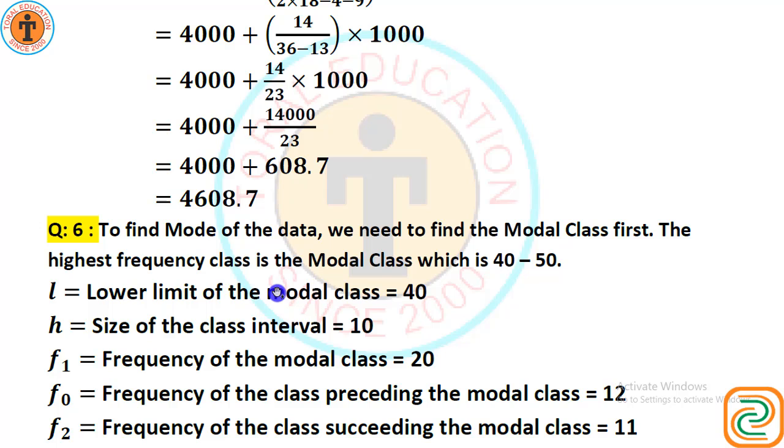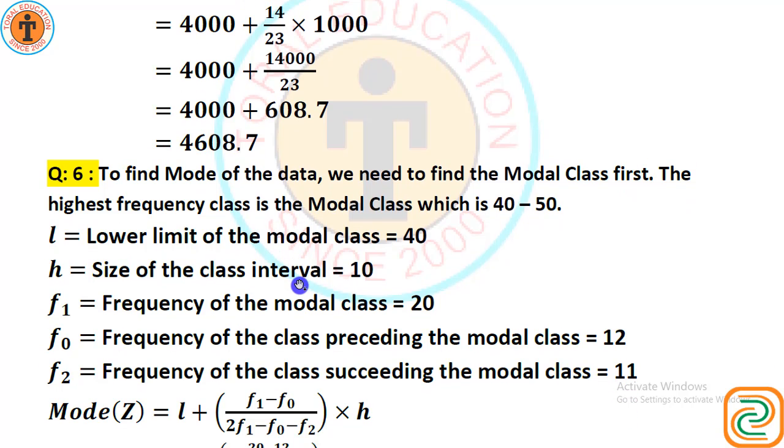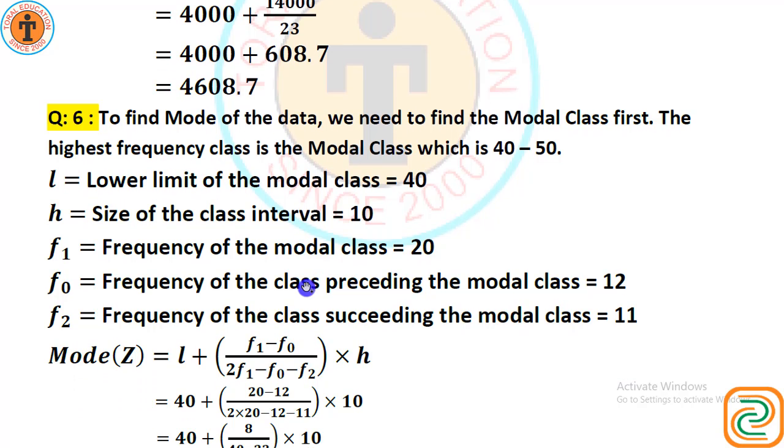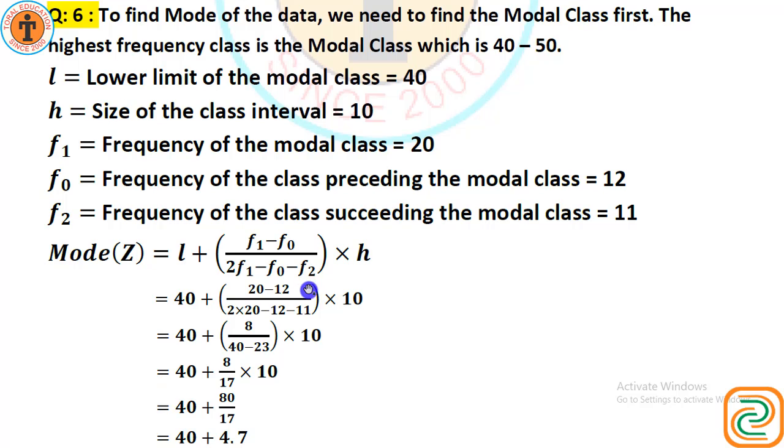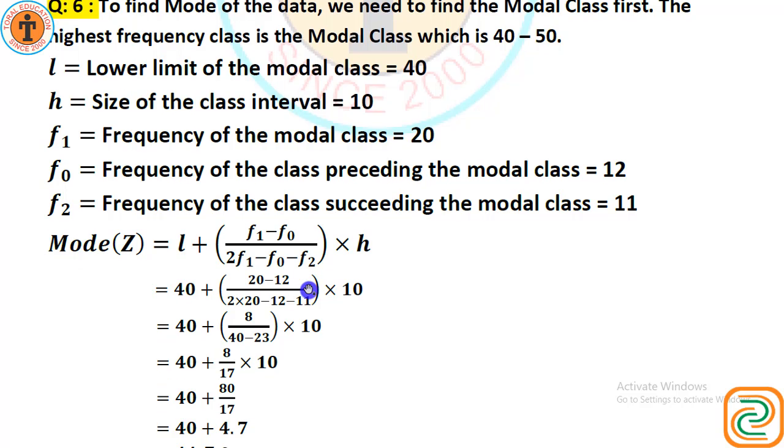Now question number 6 and the last of this exercise. A student noted the number of cars passing through a spot on a road for 100 periods, each of 3 minutes, and summarized it in the table given below. Find the mode of the data. Only mode, not mean.